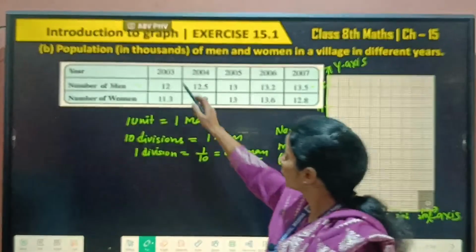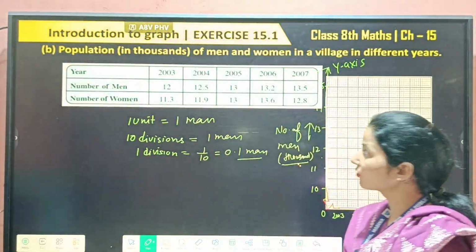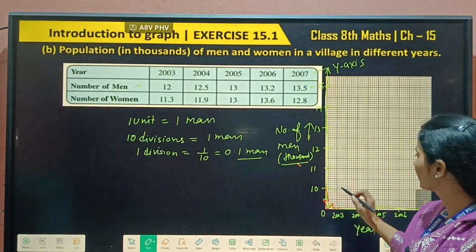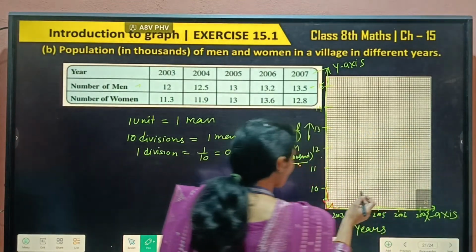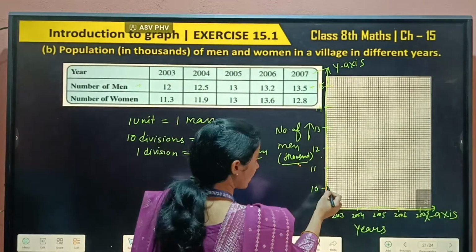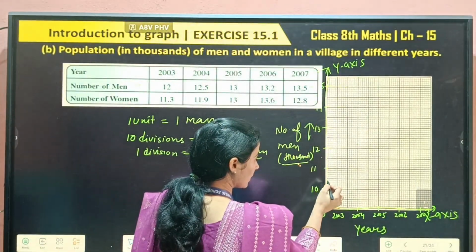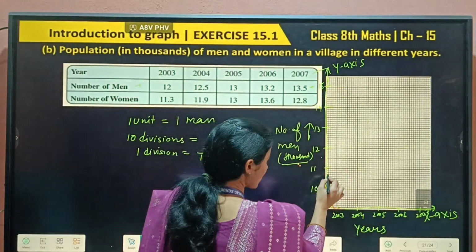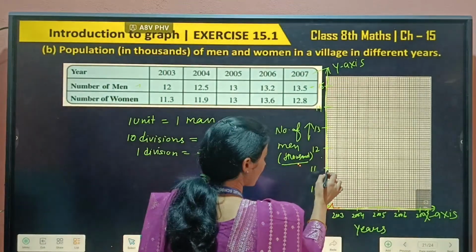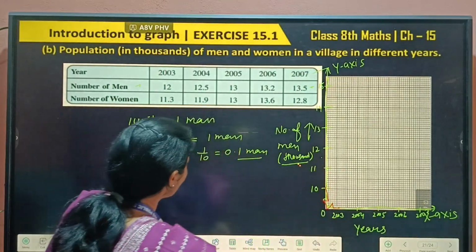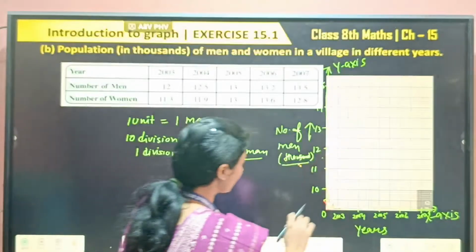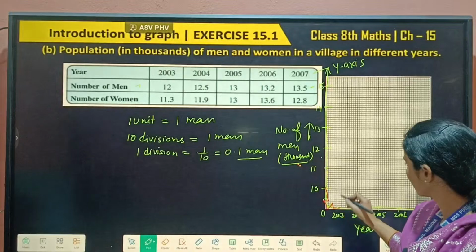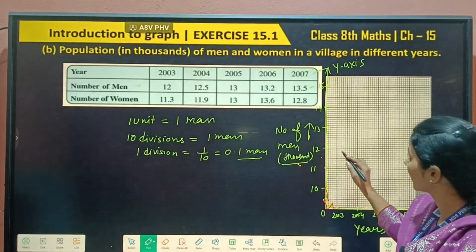Now see, in 2003 the number of men is 12. See, this is 10.1, 10.2, 10.3, 10.4, 10.5, 10.6, 10.7, 10.8 and 10.9. So these are tens. So in between, in 2003 there are 12.